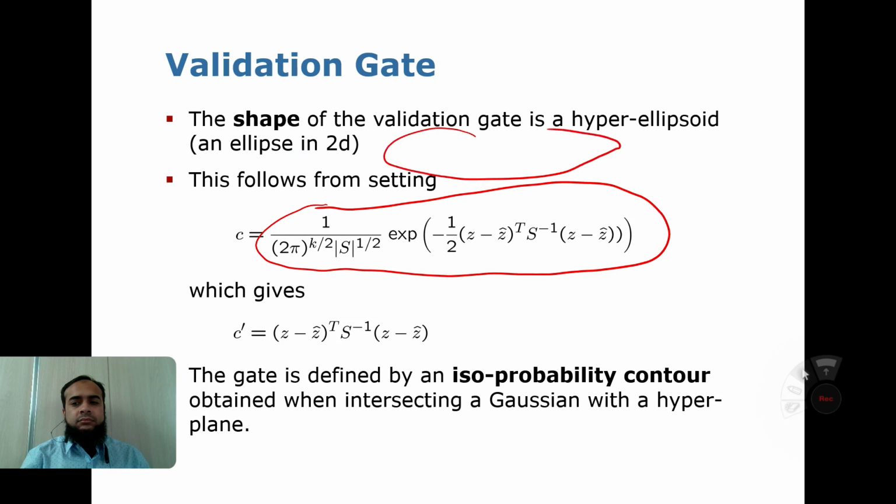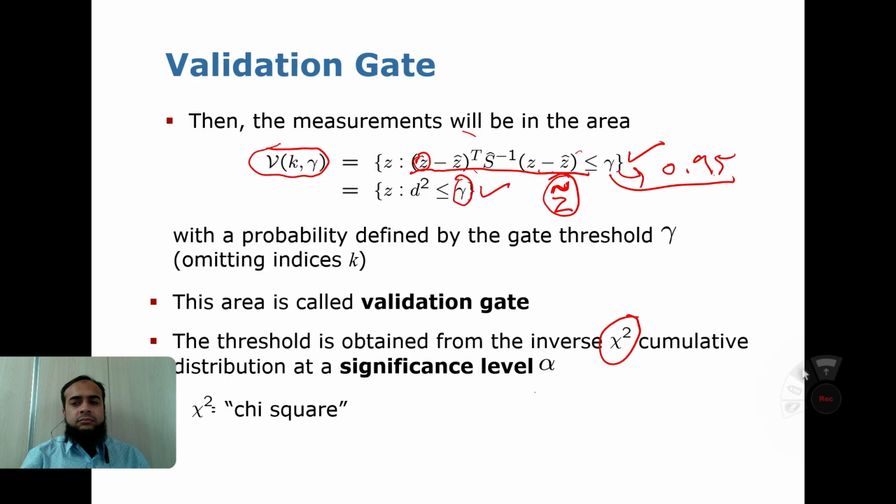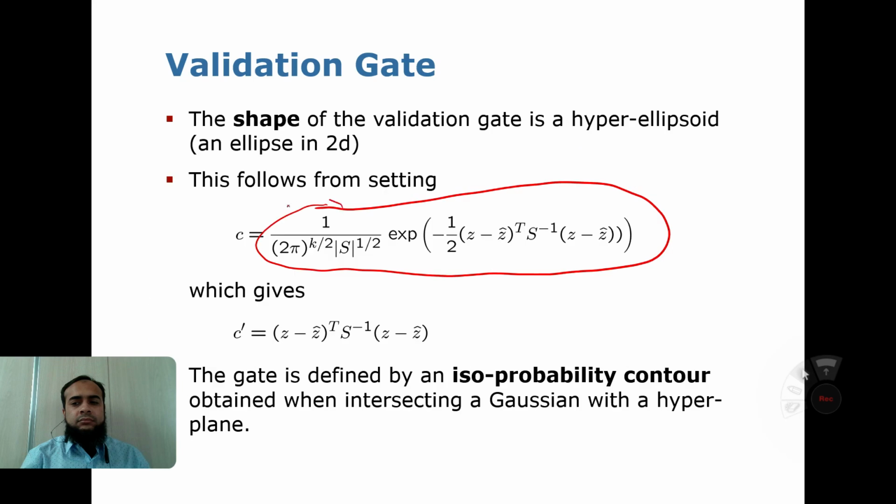For creating the shape of the ellipsoid gate, we apply the exponent and multiply the exponent of this power with the factor 1 over (2 pi)^(k/2) and the square root of the covariance. This will create an ellipsoid gate, and if this is less than some threshold like gamma, then those measurements will be selected for the validation gate.